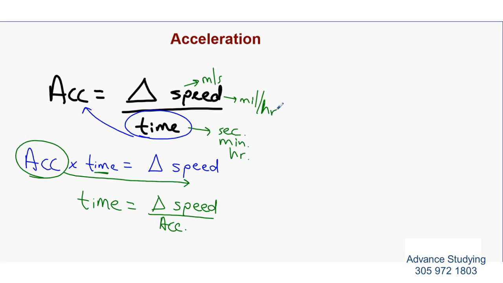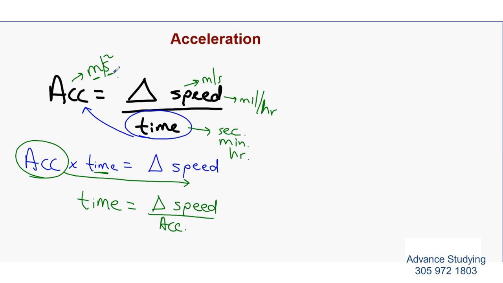And acceleration, okay, it's a tricky one. It is usually something like meters per second squared, because you have to look at the distance and the time is squared. Okay, this is a simple format of acceleration.